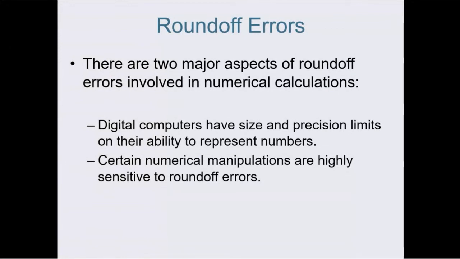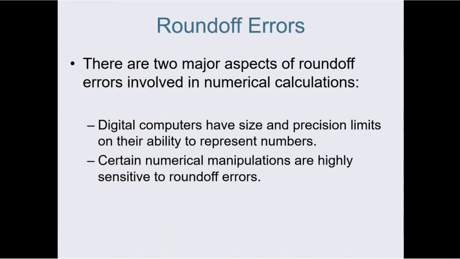There are two major aspects of the round-off errors that are involved in numerical calculations. The first one is that digital computers have size and precision limits on how they represent numbers. And the second one is that some of the numerical operations that we do, the calculations that we are doing, are very sensitive to round-off errors.